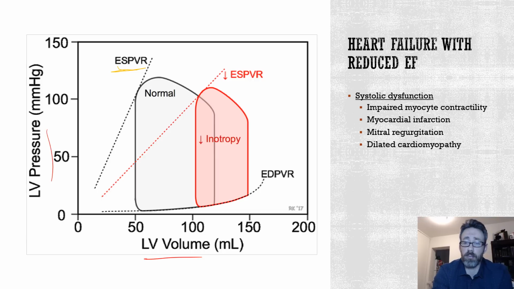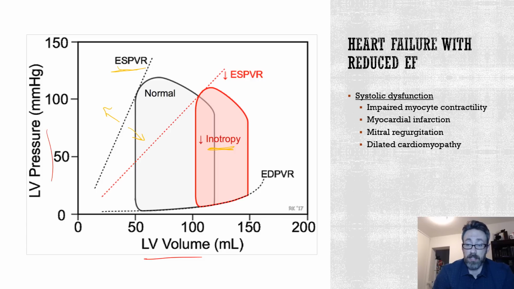I just told you on the previous slide that a change in contractility can be represented by the slope of the ESPVR. So if it was going in this direction, that would be an increase in contractility. The fact that it moved in this direction means there's a decrease in contractility, or in other words, a decrease in inotropy. Okay.